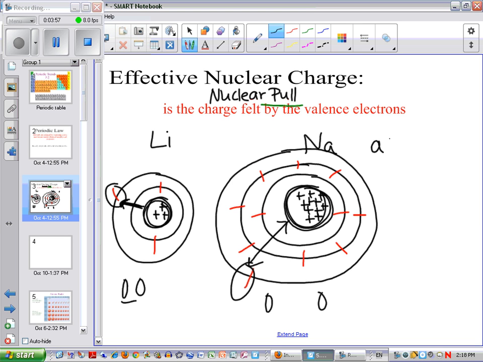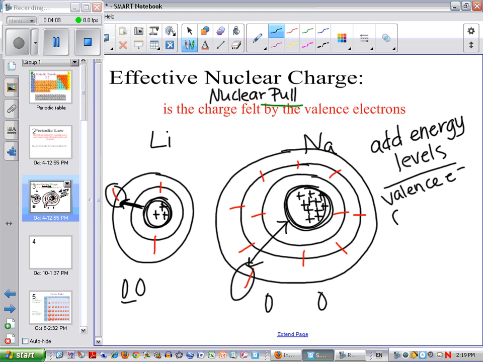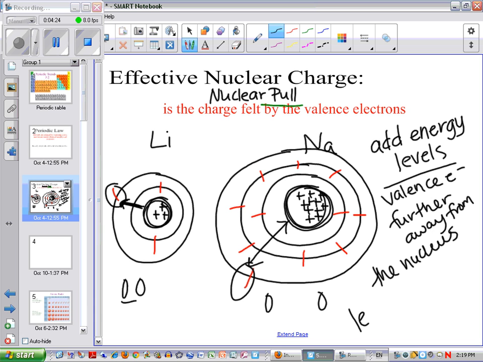So as you add energy levels, those valence electrons get further away from the nucleus. And therefore, there's less nuclear charge or nuclear pull. And that's pretty common sense.